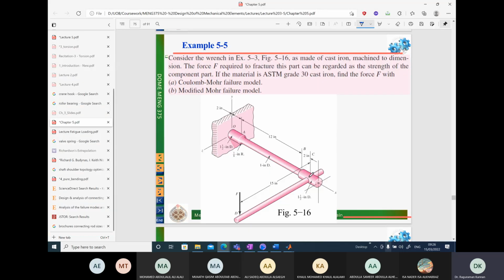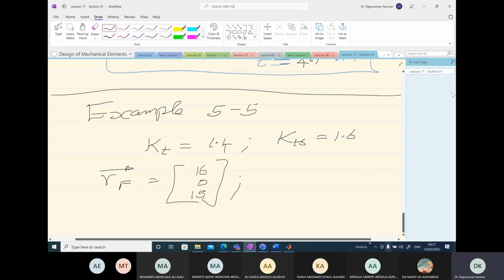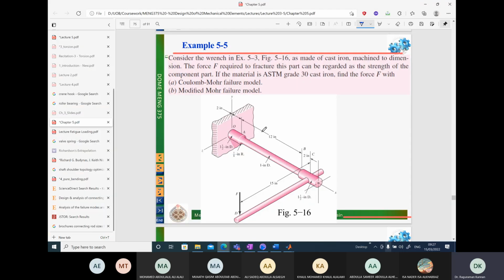Then we need the point here, again RA, you can directly write. Yes, the X value is 2 plus 12 plus, no, it's just 2 here, right?